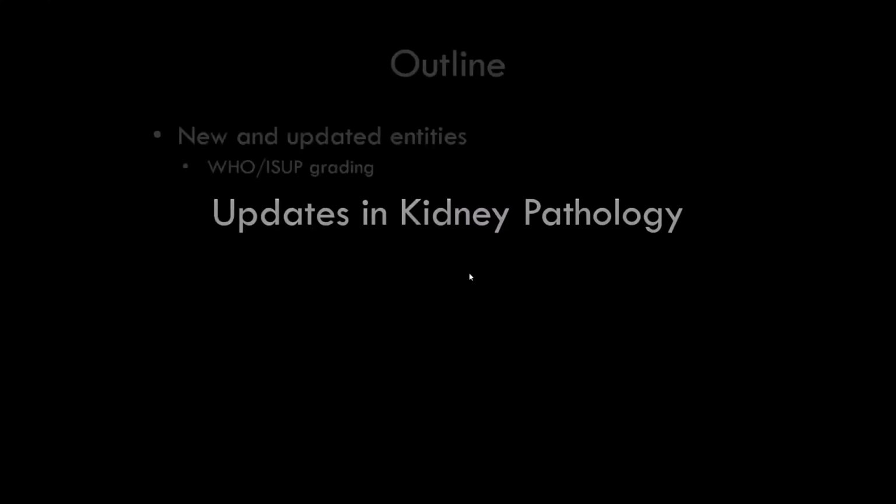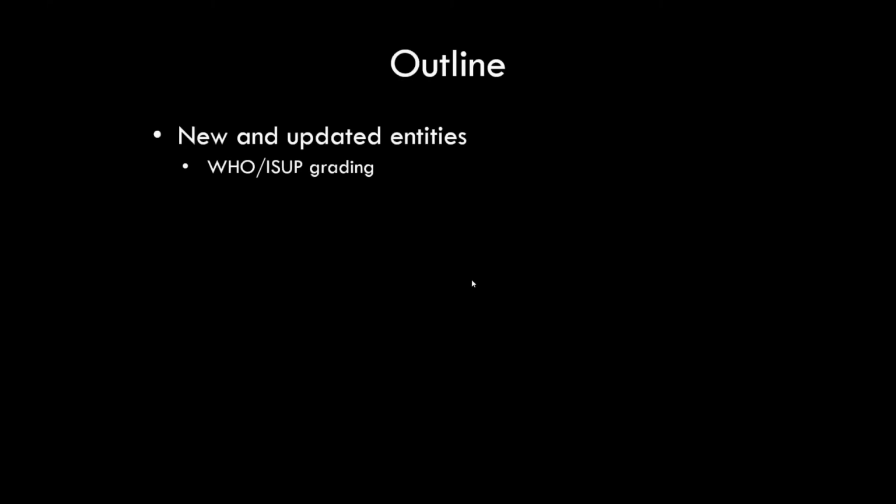Let's go ahead and continue with updates in kidney pathology. So obviously, as we all know, the major update in kidney pathology has been the WHO and ISUP grading system. We have given up the Fuhrman grading system, which we've been using for many years, and now we are using this new grading system.